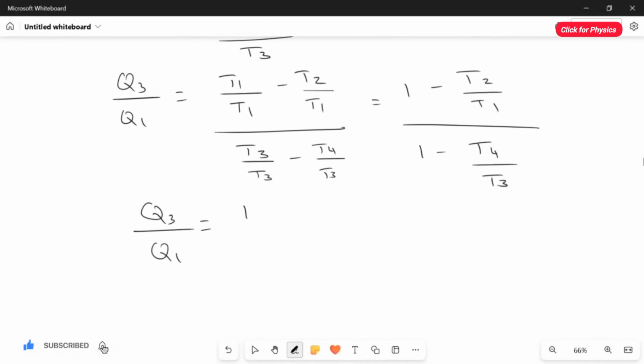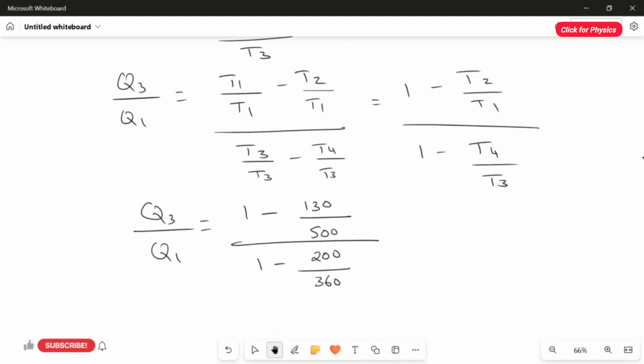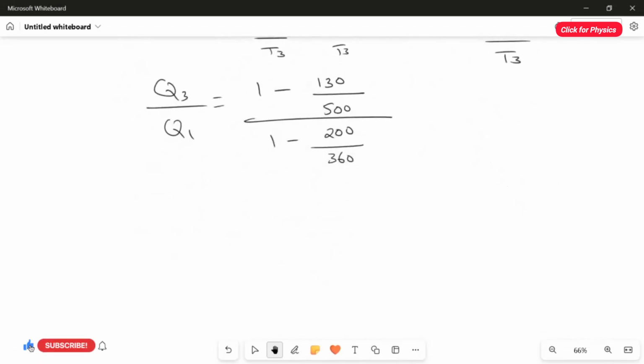So let's substitute the values. 1 minus T2 value, 130 Kelvin, over T1 value, 500 Kelvin, over 1 minus T4 value, 200, over T3 value, 360. So we have to find the answer.